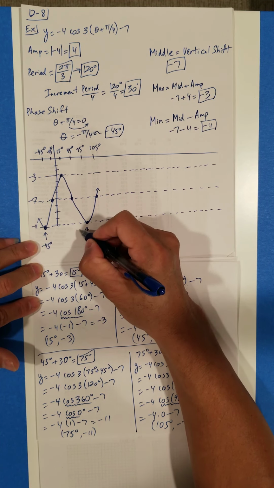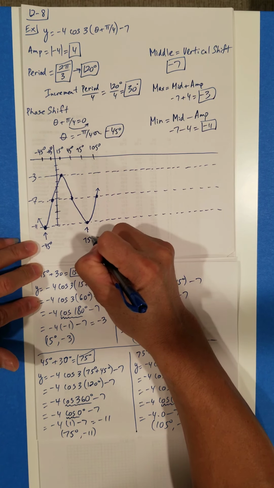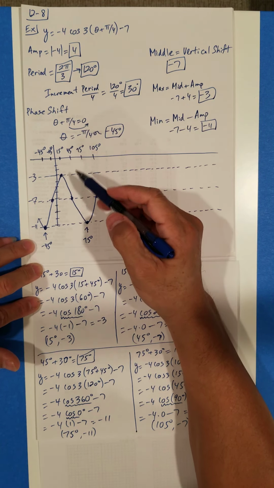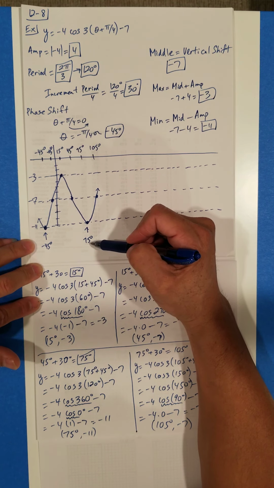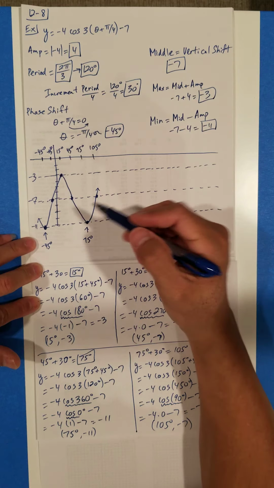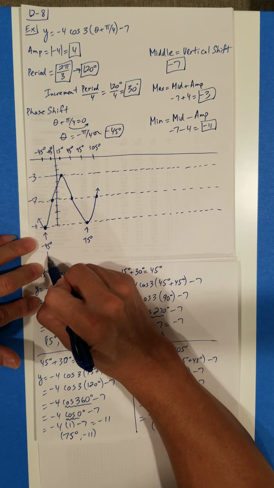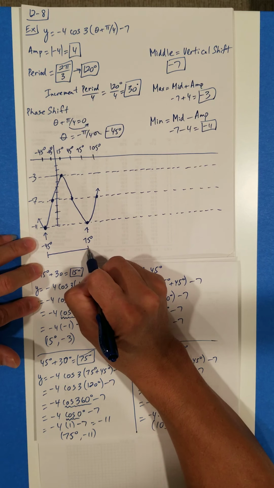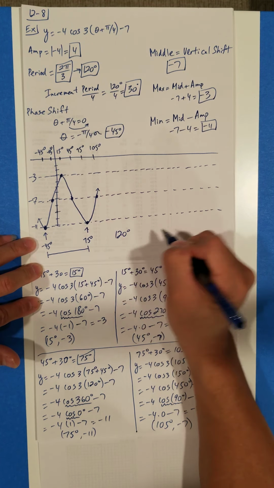This is where the graph starts repeating itself. And this angle is 75 degrees. Okay? So going from -45, we stopped at 75. So if you look at that, the distance between -45 and 75 is 120 degrees.